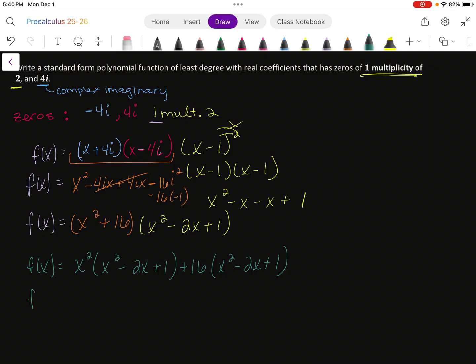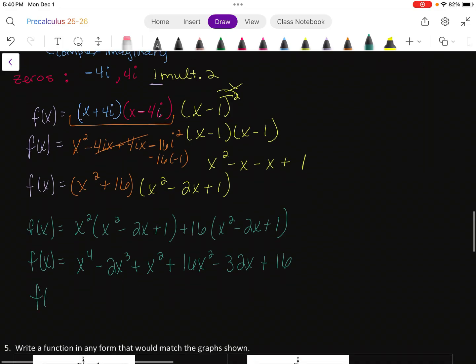Go ahead and FOIL those. And then I need to combine those. Oops. Going a little too fast here for myself. That's 17x squared.